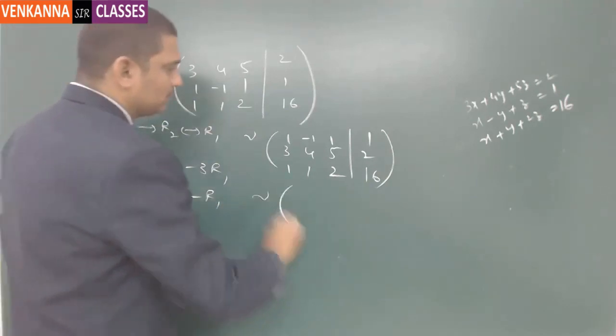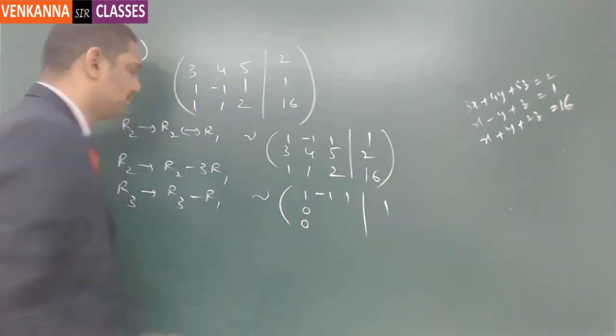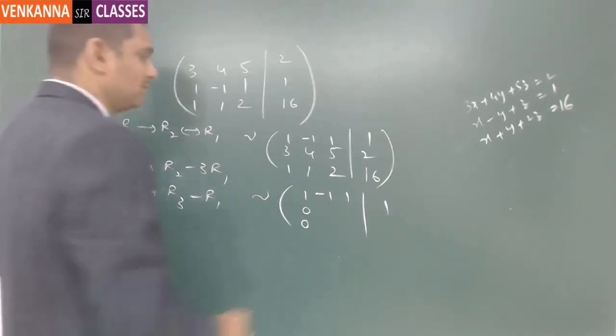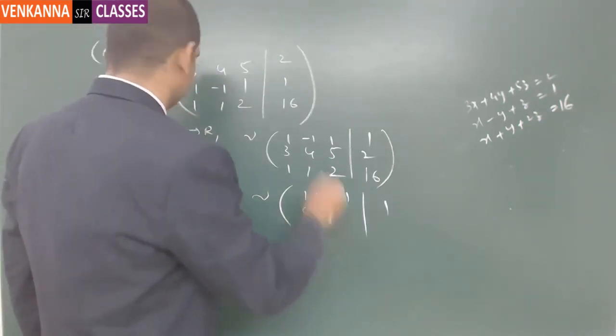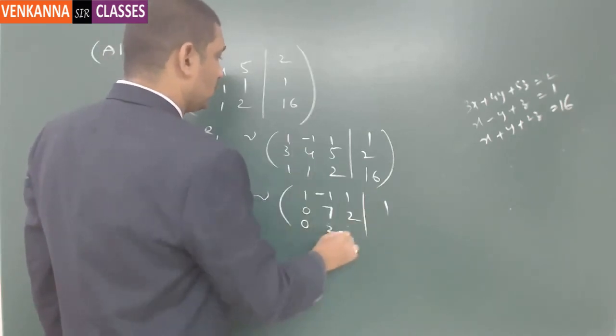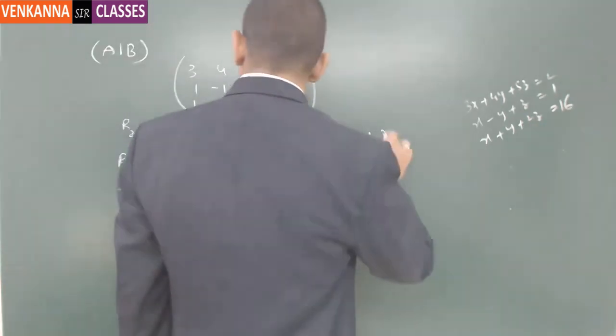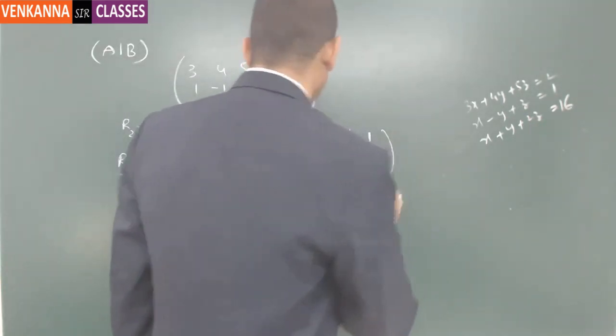So equivalent to 1, minus 1, 1, 1; 0, 7, 2, and then you have R2 minus 3 R1.